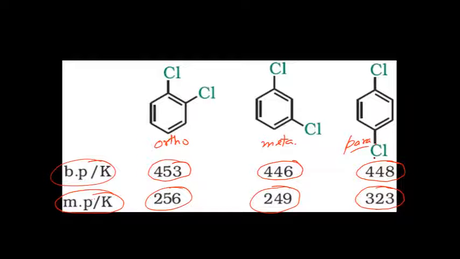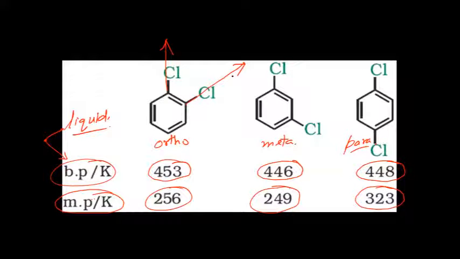Now, why is this anomaly there? The anomaly is because when we are talking about boiling point, it means these are in the form of liquid. And this one has greatest polarity. Both the dipoles are pointing in very close directions, so very little dipole is cancelled.